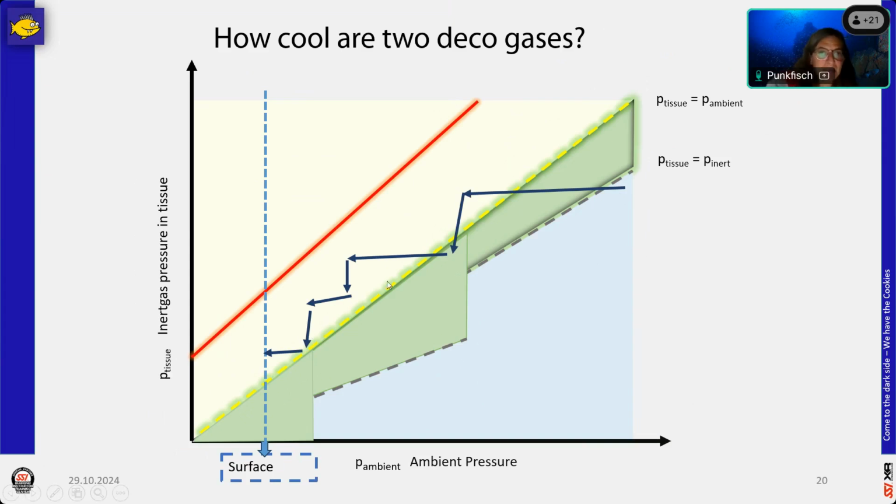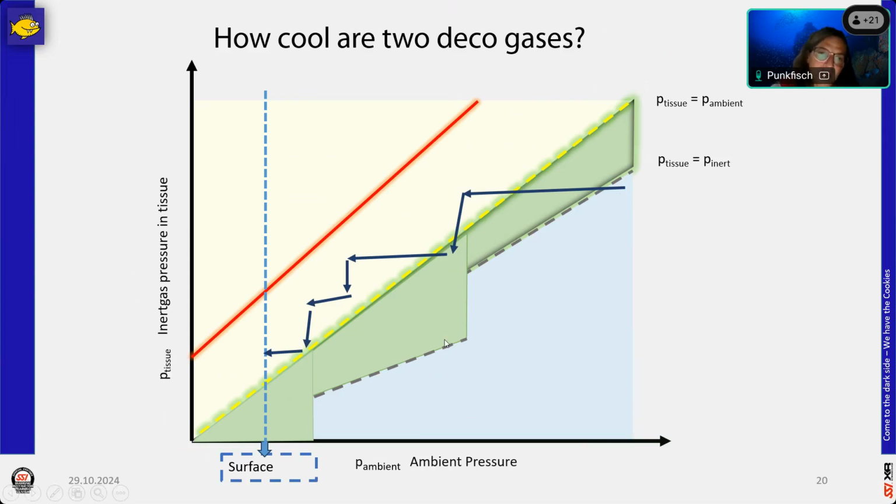This is the main point for decompression gases. It makes our desaturation way more efficient, way faster, and we can choose a gas that allows us to stop a little bit deeper, but we will not on-gas the slower tissues anymore as well, which is a very beautiful side effect.